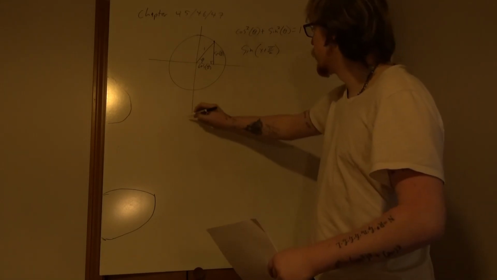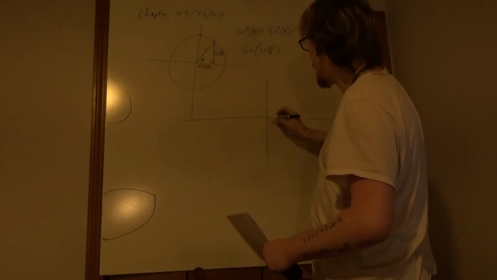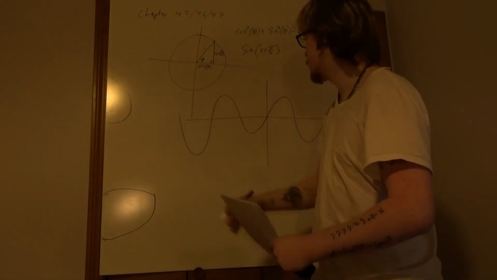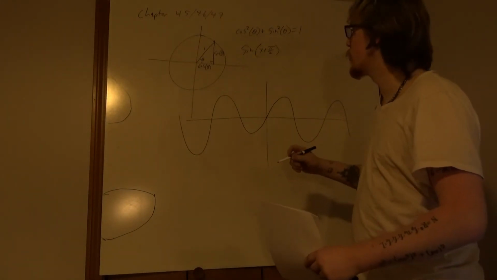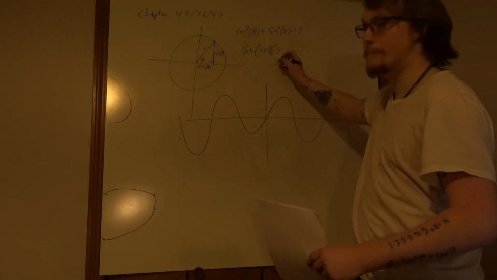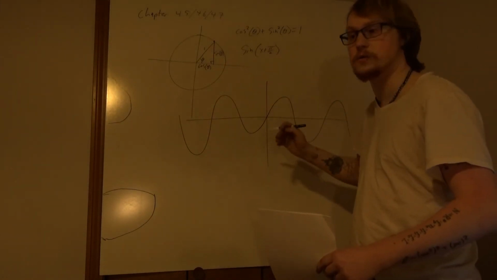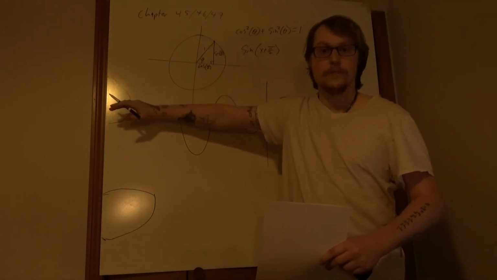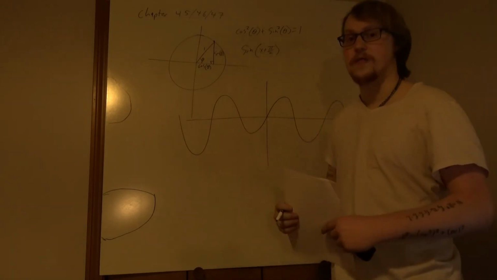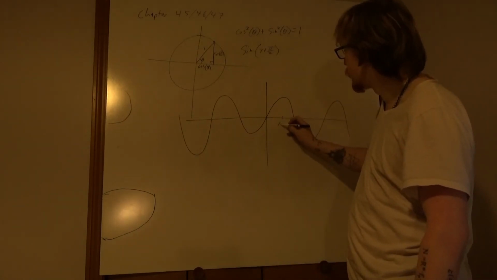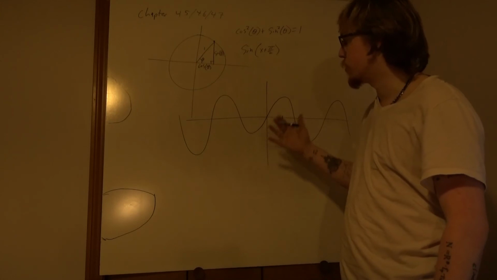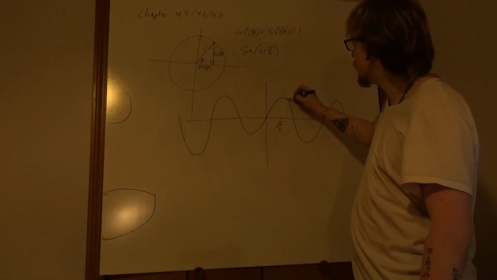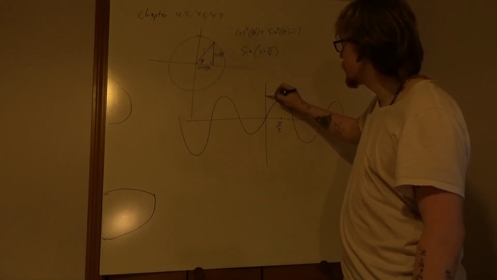So if we look at the graph of sine, we see that it looks something like this, more or less. And if we were to do sine of x plus pi over 2, well, what that's going to do is it's going to shift this entire thing this way, so to the left, by pi over 2. And that's actually going to correspond to, well, pi over 2 is right here, and so if we were to shift the entire thing to the left by pi over 2, we would wind up taking this point and shifting it to here.